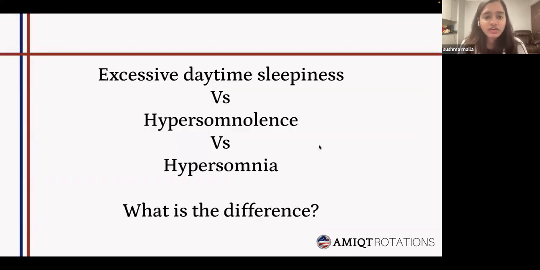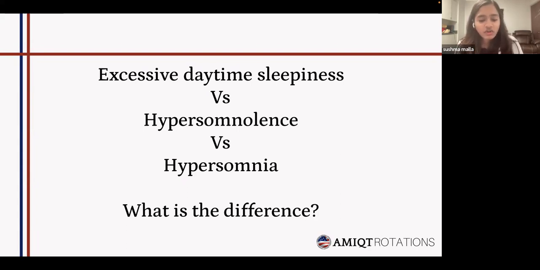Before we start a more in-depth discussion, we need to understand what excessive daytime sleepiness is compared to hypersomnolence and hypersomnia. So what is the difference? In the International Classification of Sleep Disorders, hypersomnolence is described as a symptom, but hypersomnia is used as part of a disorder, for example idiopathic hypersomnia.